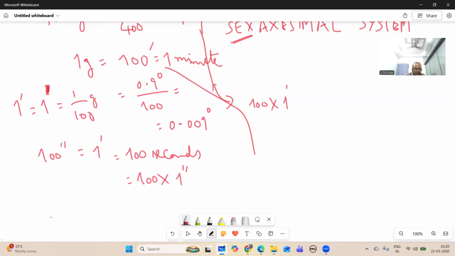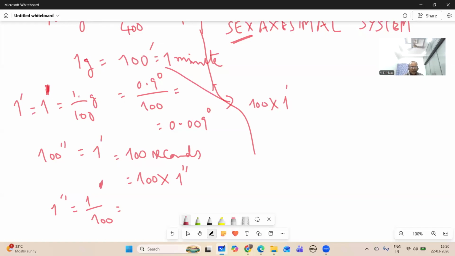So how much is 1 second? 1 second is equal to 1 by 100th of a minute. You bring 100 to the left hand side.